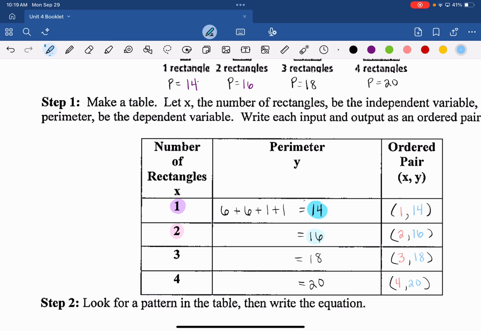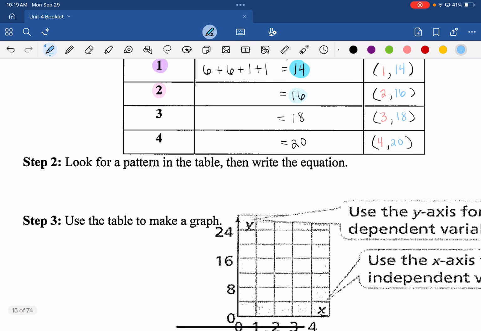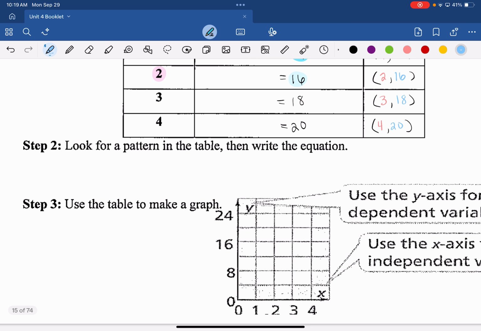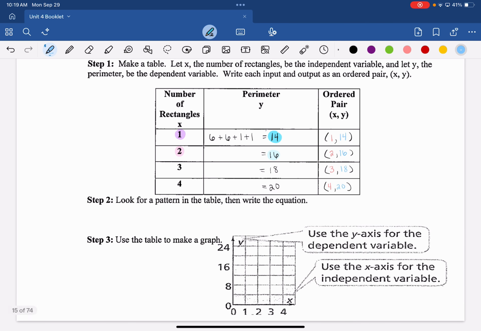Now, because we're able to write these as a point, we're able to graph them, okay? So we're going to skip step 2. We'll come there next. Let's just graph these as points. So our first point was 1, 14. So I'm going to come down here. I'm going to go 1 up to 14. I'm going to have to eyeball a little bit here. We were like right there, okay? All right, my second point was 2, 16.